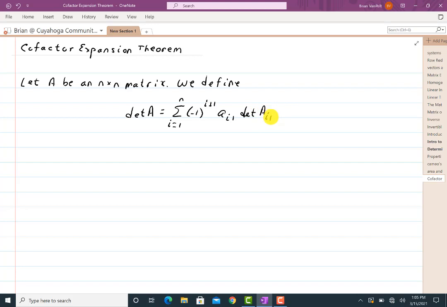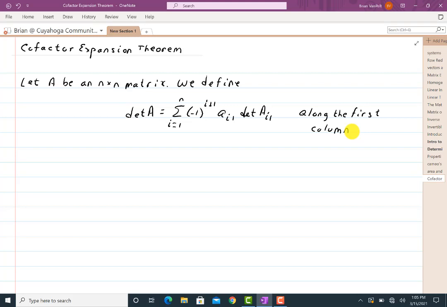And hopefully you understand what this definition is. This is along the first column. Of course, the cofactor expansion theorem says that we can do this along any column or any row, and that's what I intend to prove.